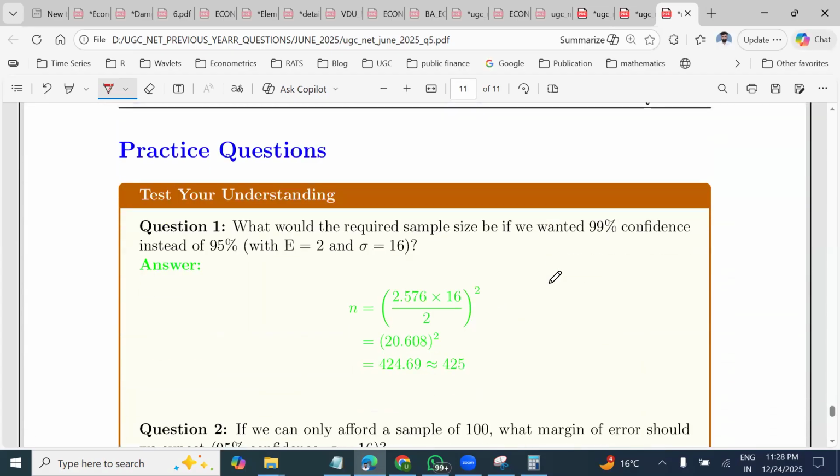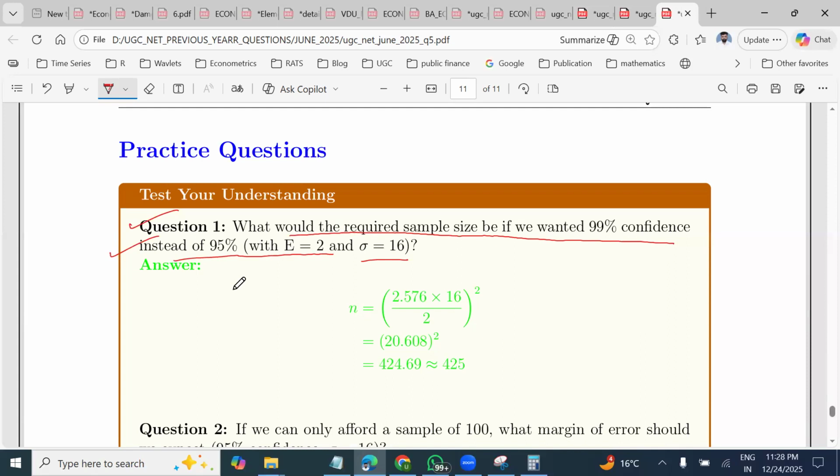So now one more question we will do. What would the required sample size be if we wanted 99% confidence instead of 95%, with error 2 and sigma 16? Sangeeta, are you able to solve this?